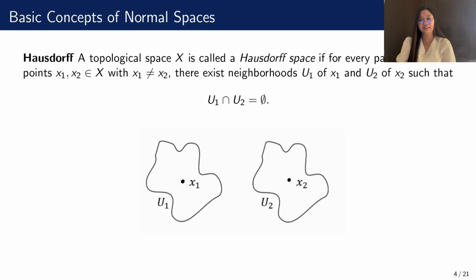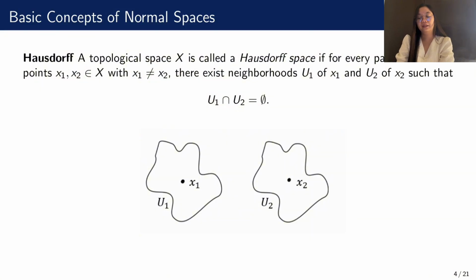We have discussed the definition of Hausdorff during the class. A topological space X is called a Hausdorff space if for every pair of distinct points x sub 1 and x sub 2 in X, with x sub 1 not equal to x sub 2, meaning they are disjoint, there exist neighborhoods U sub 1 of x sub 1 and U sub 2 of x sub 2 such that the intersection of U sub 1 and U sub 2 is empty.